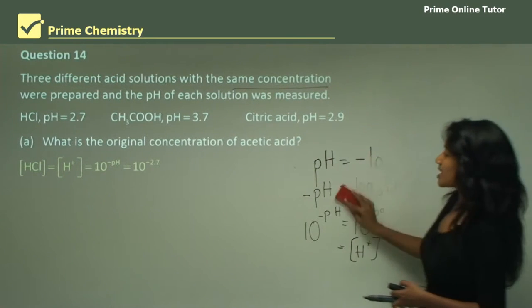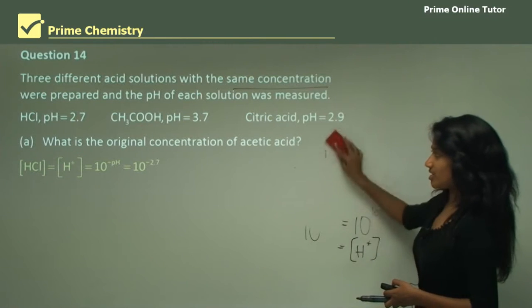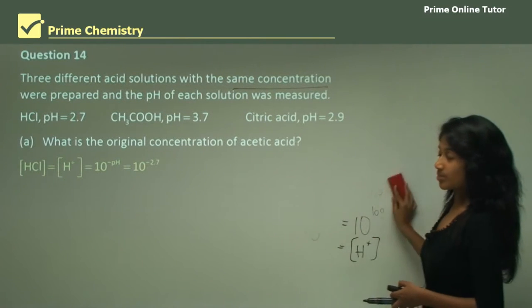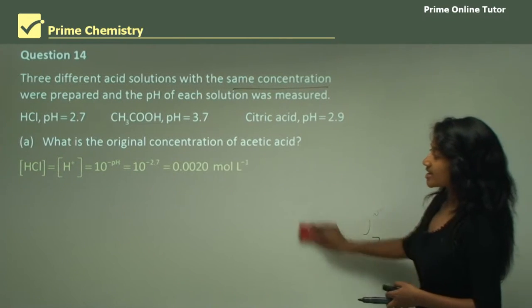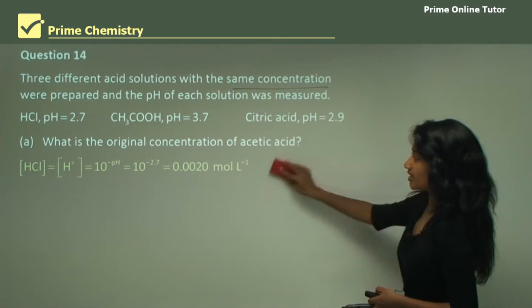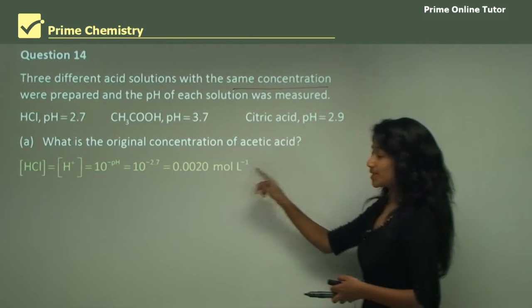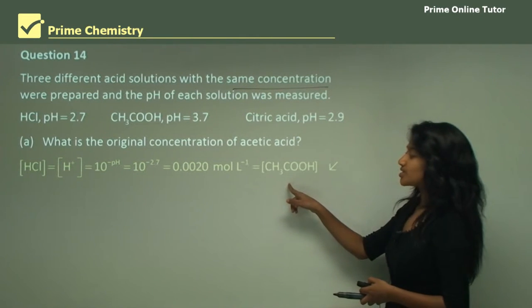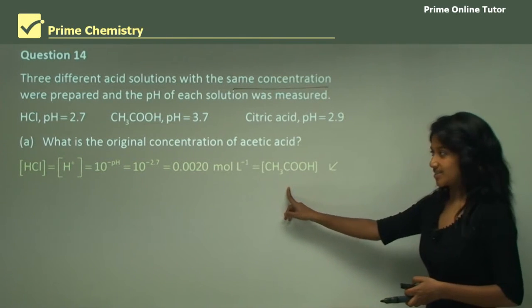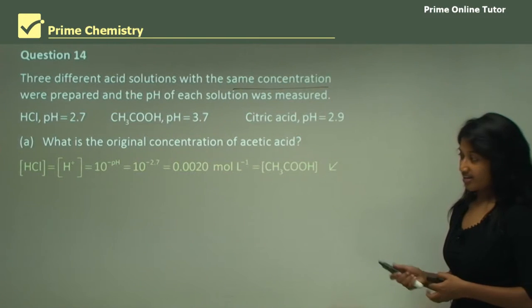Now we know that the pH is 2.7, and that's from the value we're given. If you put this into the calculator, you would get 0.0020 moles per liter, and this equals the concentration of the acetic acid, and there's your answer there.